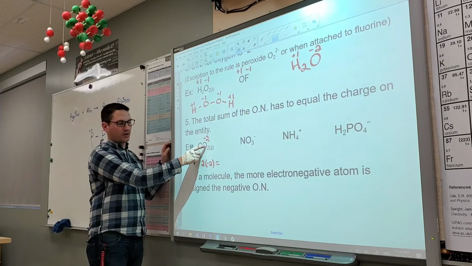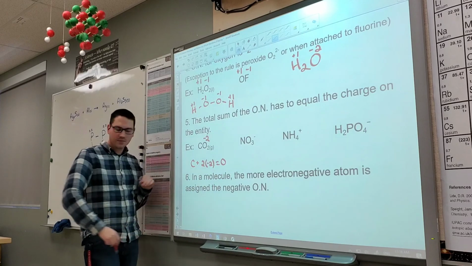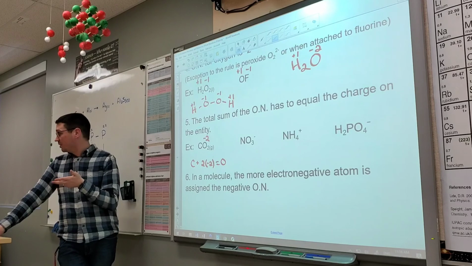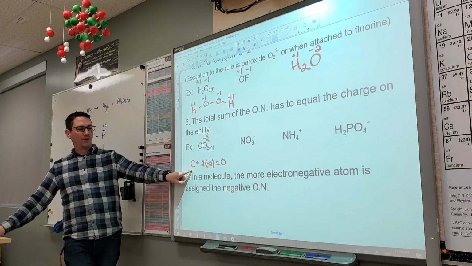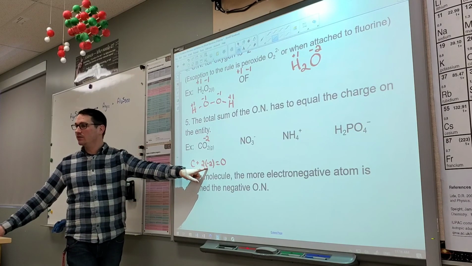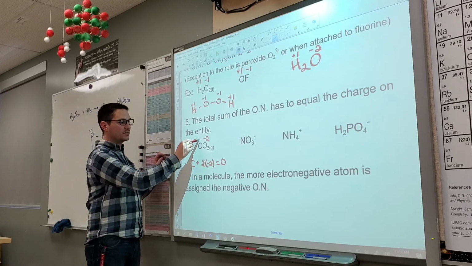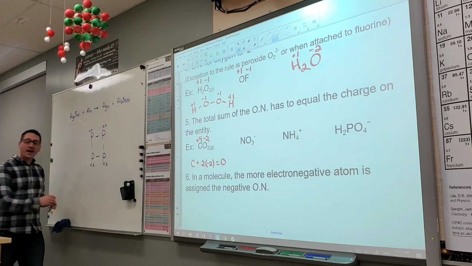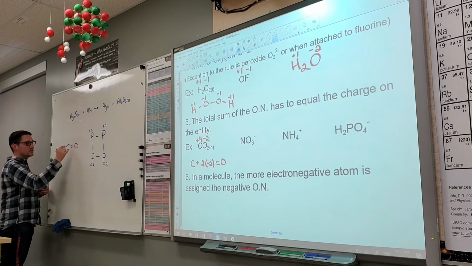What's the charge on this molecule? 0. So we have to do a little bit of arithmetic, a little bit of algebra. What does the carbon have to be in order to cancel out this -4? It has to be +4. Does that make sense? That's the only possible oxidation state that it can have. And when I draw the structure of carbon dioxide, hopefully this makes sense.